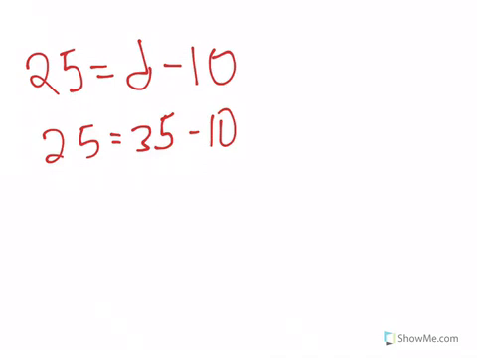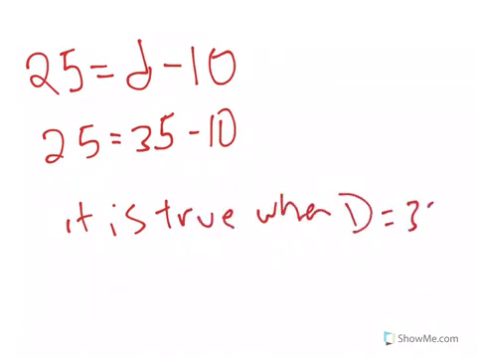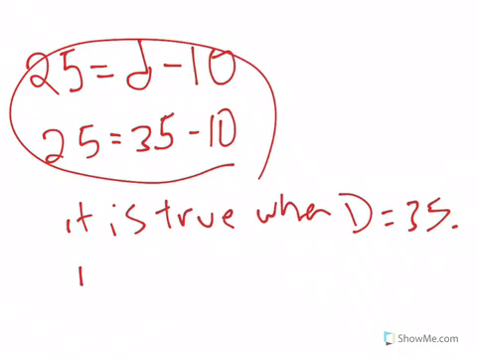I can't put 36, because 36 minus 10 doesn't equal 25. I can't put 34. 34 minus 10 doesn't equal 25. So in this case, it is true when D is equal to 35. So if D equals 35, then this statement is true.